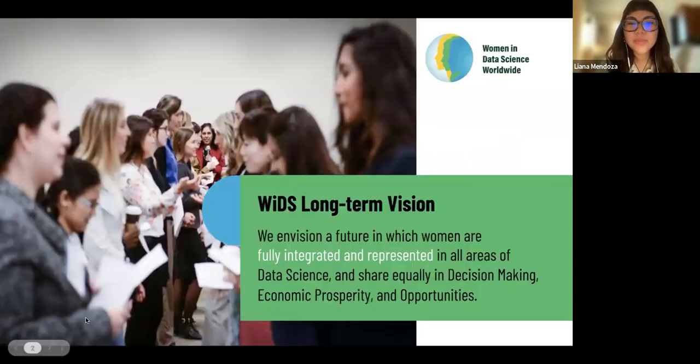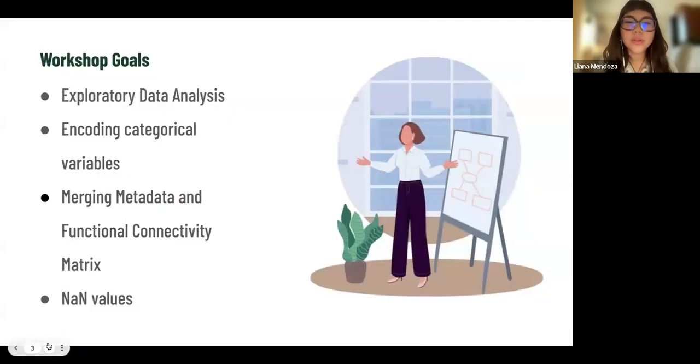So for our WiDS Women in Data Science long-term vision, we envision a future in which women are fully integrated and represented in all areas of data science and share equally in decision-making, economic prosperity, and opportunities. For our workshop today, our goals are exploratory data analysis, encoding categorical variables, merging metadata, the functional connectivity matrix, and also missing values.